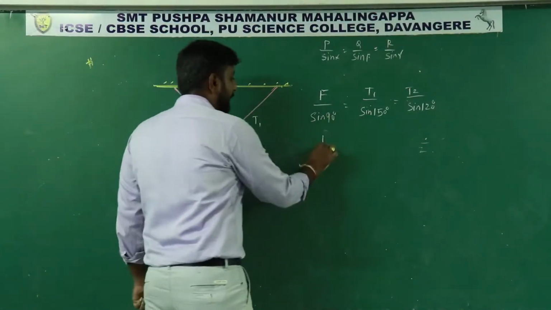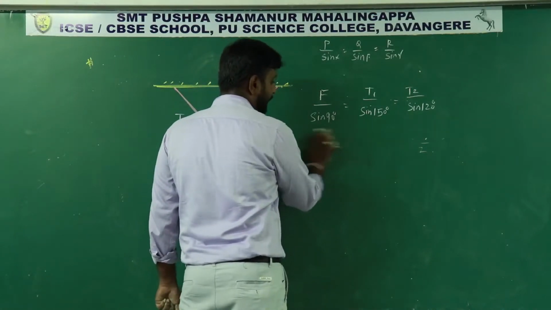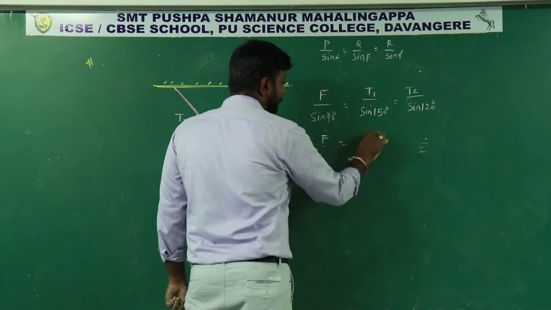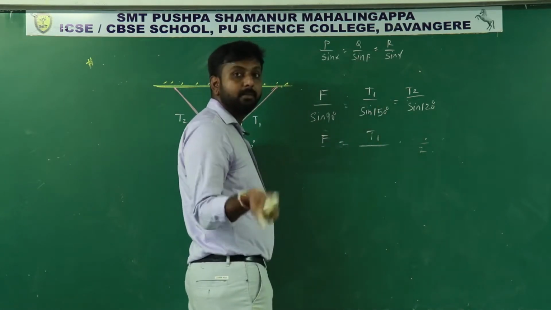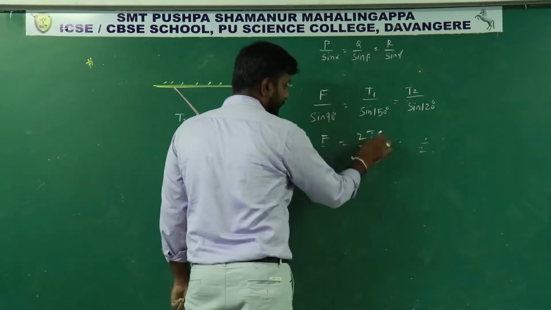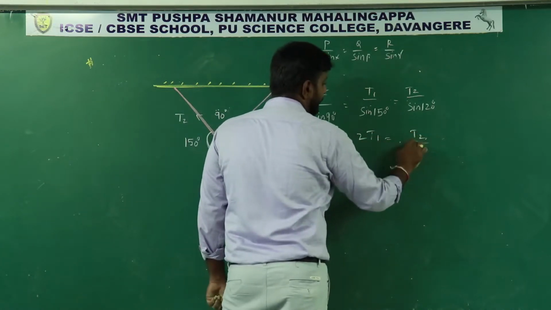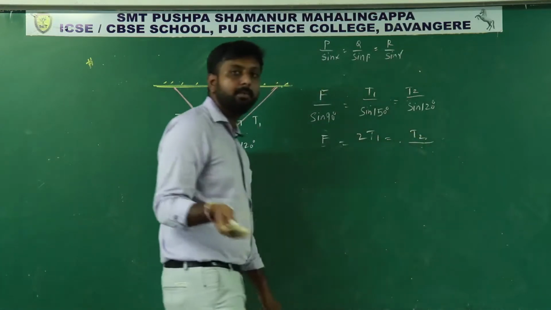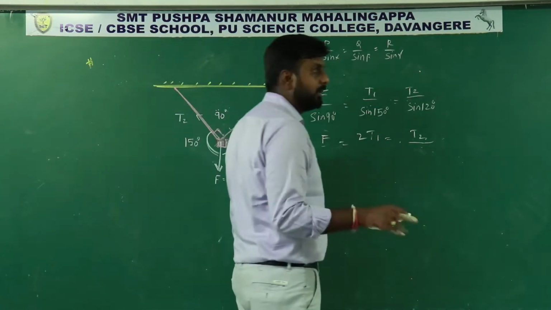Now you can write F divided by sine 90. Sine 90 is 1, so F, and this is equal to T1 over sine 150. Sine 150 means sine of 90 plus 60, that is cos 60, which is 1 by 2. This is equal to T2 by sine 120. Sine 120 means sine of 90 plus 30, cos 30, root 3 by 2.